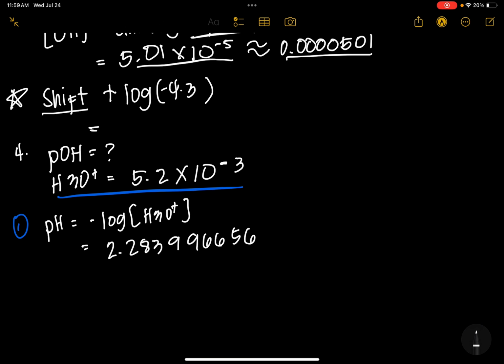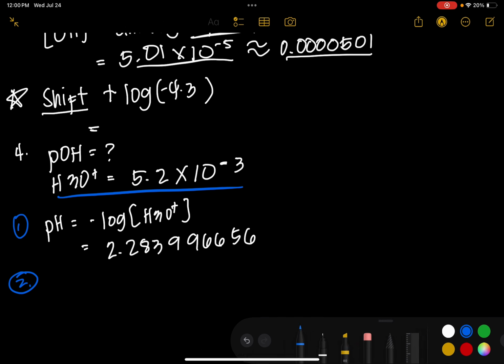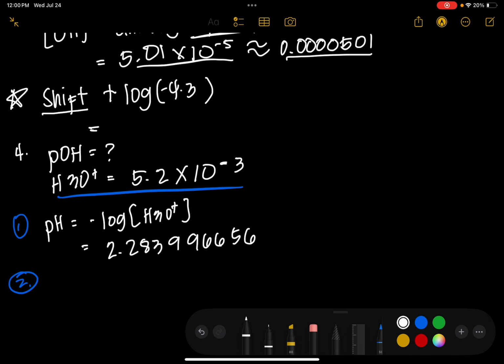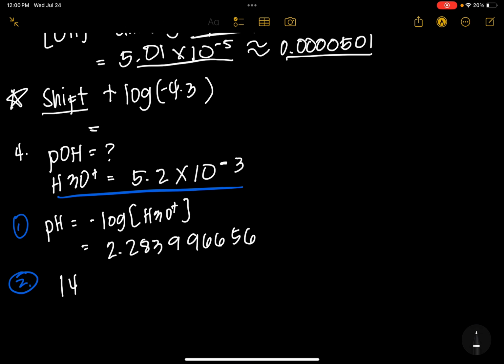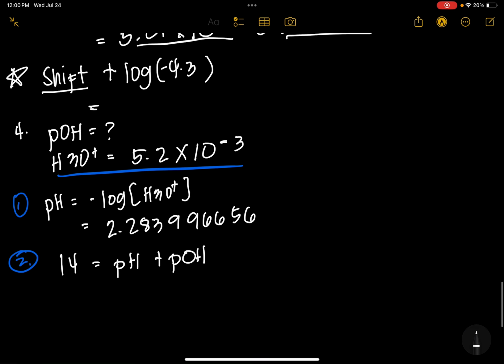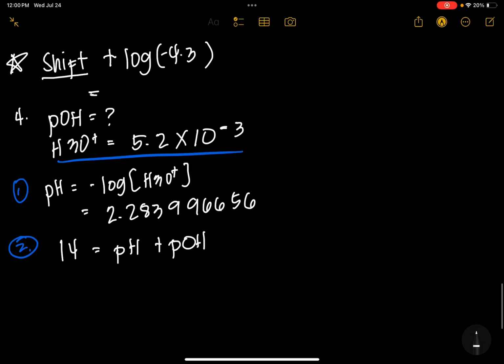Okay. First formula. Second formula is 14 is equivalent to pH plus pOH. So, ang pamangkot natin sa number 4 is how to get the pOH. So, i-transfer ni si pH. Since positive siya diri sa side, ma-negative siya: 14 minus pH is equivalent to pOH.